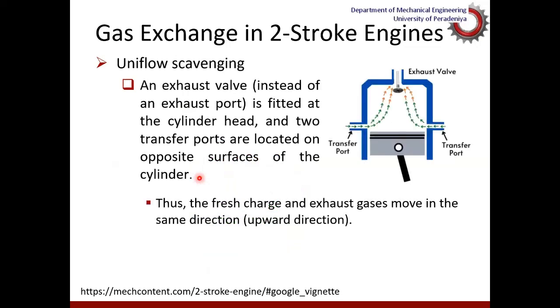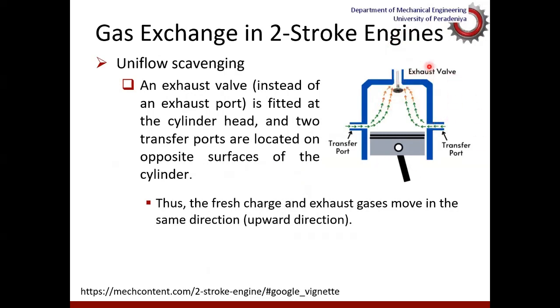The third one is the uniflow scavenging, where instead of an exhaust port, you have an exhaust valve, and there are transfer ports made across the engine. So the incoming air is pushed upwards by the inward motion of the piston, and the gases will go out of the exhaust port or the exhaust valve in this case, located up here.